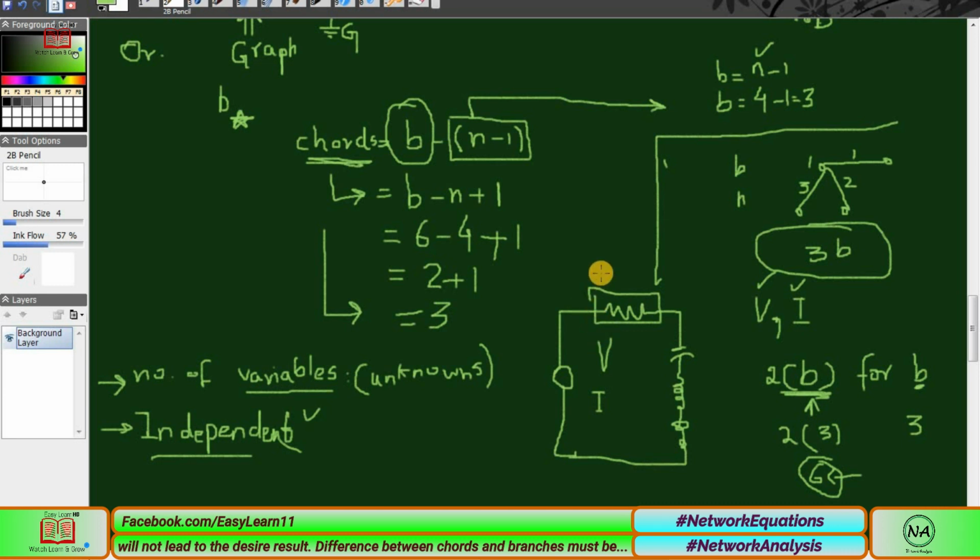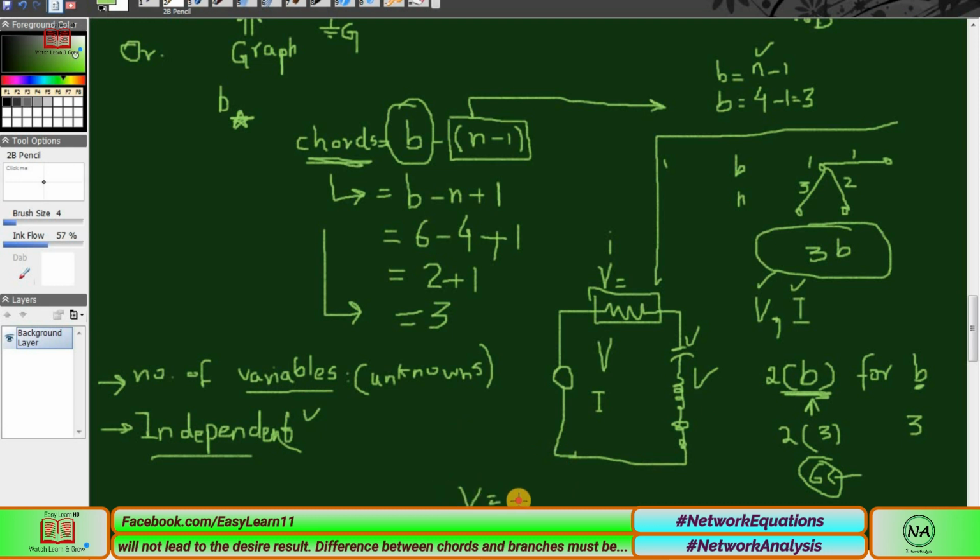If the voltage is given, then I can calculate the current for this resistor, because I have the formulas that we discussed for each type of resistor, capacitor and inductor.